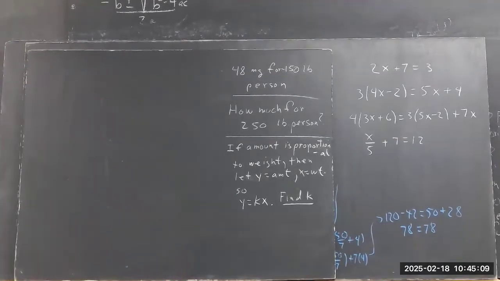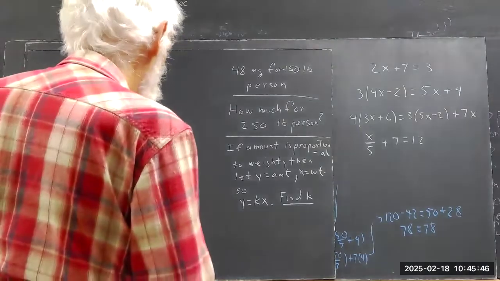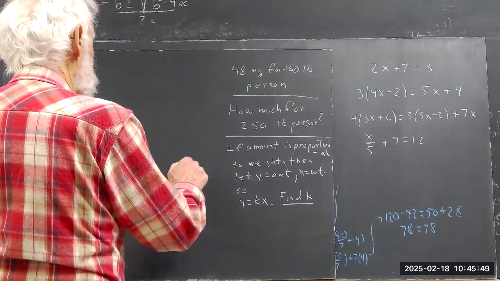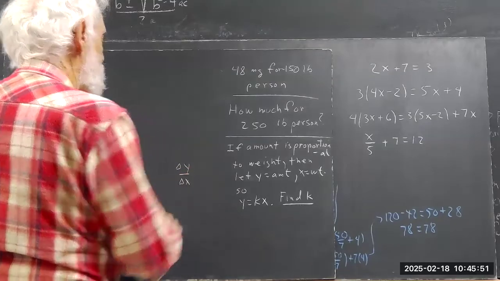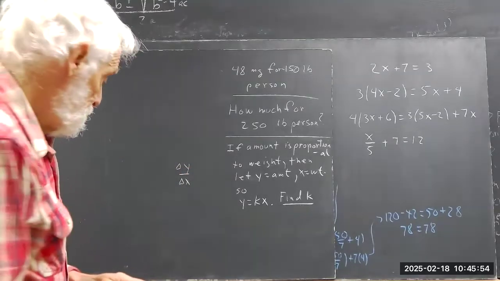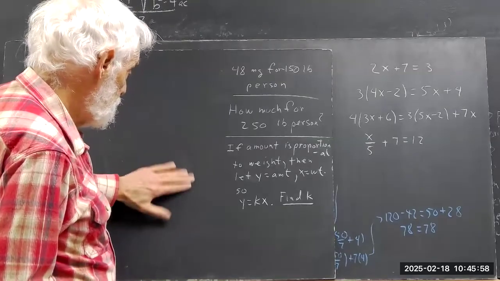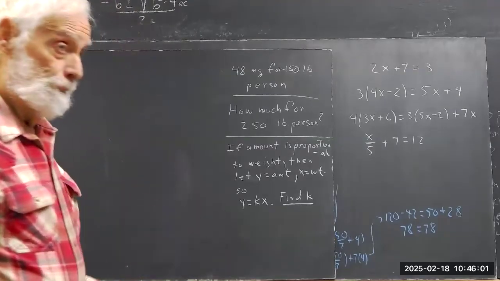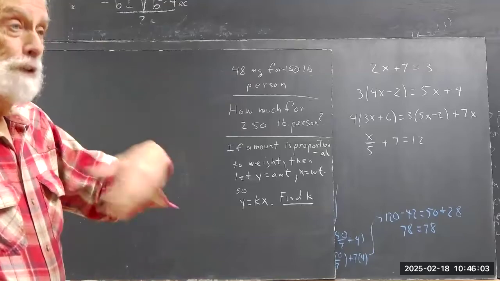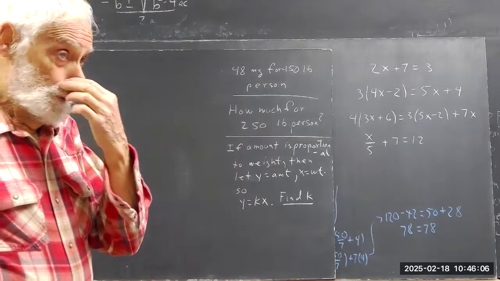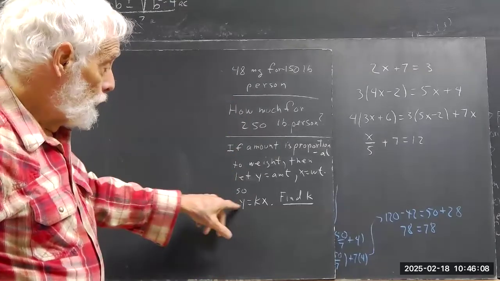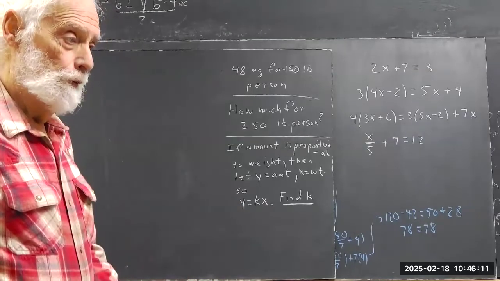Okay, somebody's making some gestures here. I want to see what they mean. Rate of change, okay? And actually, we're going to get an average rate of change when we find K. It's important for this situation.